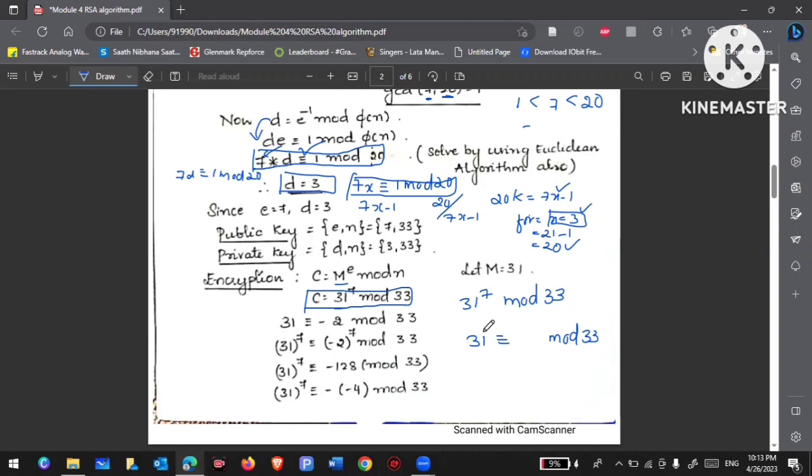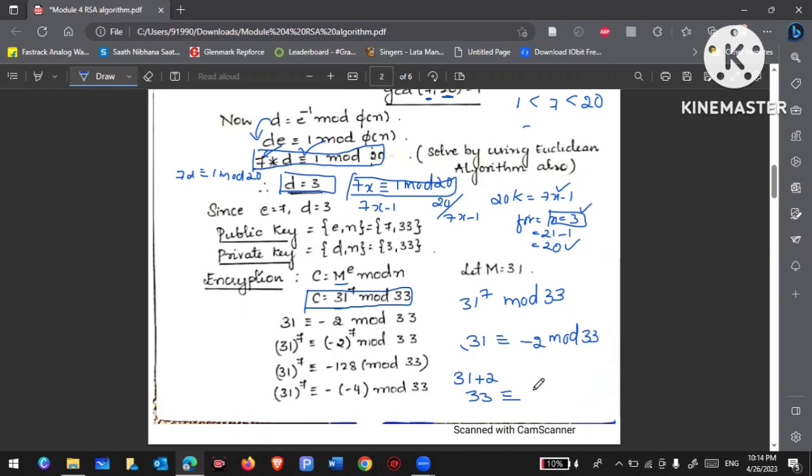Since this is a smaller number than 33, we can make use of addition modulo and write the remainder as -2. If you are writing -2, that means what? 32. If you take that -2 on the left hand side, it will be 31 plus 2, that is 33.